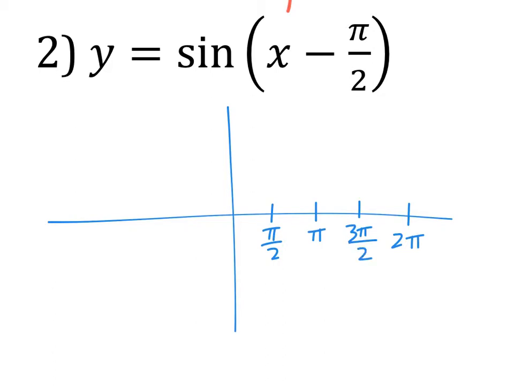Okay, I'm gonna move it right pi over 2. So I'm going to use a different color and move my axis to the right. Okay, from this new red axis, I am going to graph sine.